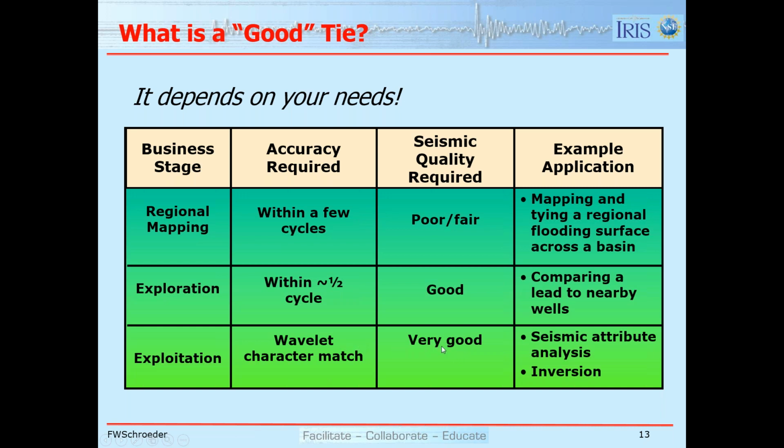You need very good to excellent seismic data, and then you can start to try to use calibration of seismic attributes to make predictions, and you can also use the seismic processing called seismic inversion to try to go from the seismic wiggles to information about the rock and fluid properties along the seismic line.